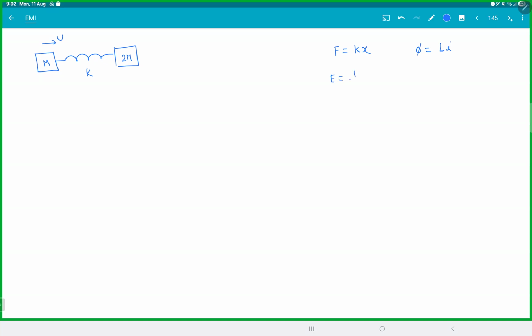Energy in the spring is half Kx square. Energy in the inductor is half Li square. So velocity is similar to potential, and current is similar to elongation. Similar to, you can't say they're equal types.